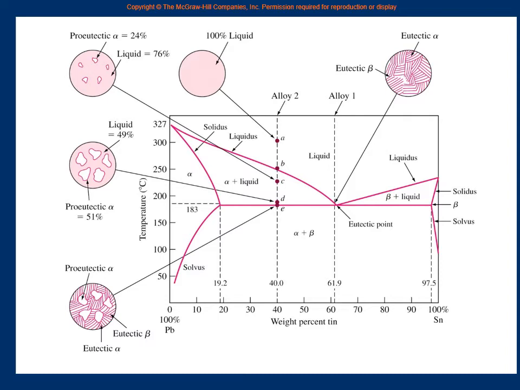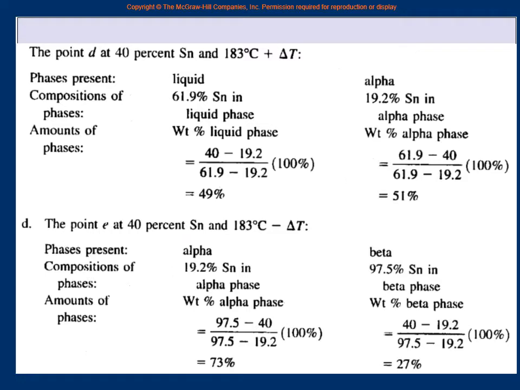It is given. It goes to the right, cuts beta at 97.5%. So when you say just below the eutectic point or at the eutectic temperature, beta is 97.5% tin and alpha is 19.2% tin. The other values you have already known, so you continue with it.